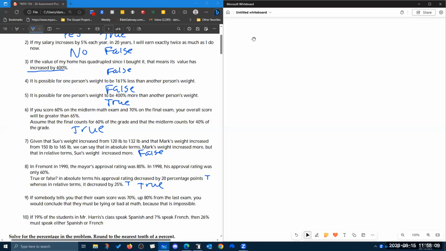But this statement is false, because they could know what they're talking about, and it could be that their score of 80% is 170% of something that they made on their last exam.